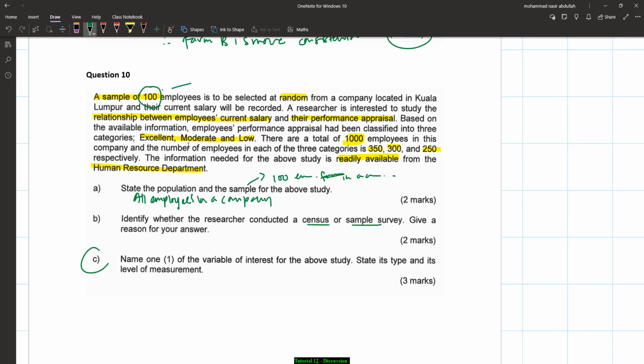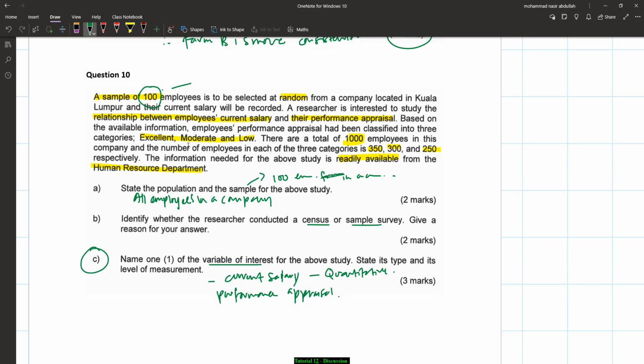So C, name one of the variables of interest. The variables of interest are current salary and performance appraisal. State the type and its level of measurement. Okay, we take just one; both are fine.